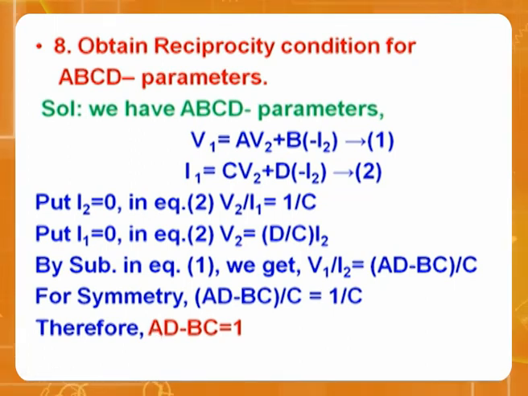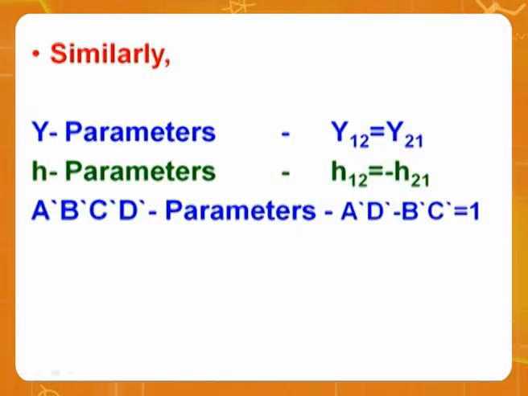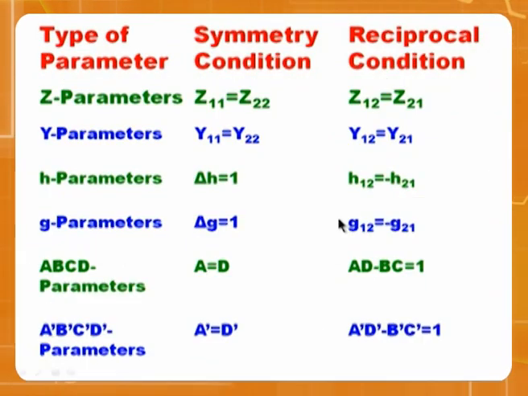Okay. When you see that reciprocity condition, the same thing is valid for inverse ABCD also. So these are the conditions. Similarly, whatever is valid for Z is valid for Y, whatever is valid for G is valid for H, whatever is valid for ABCD is valid for inverse also. So this is how the conclusion comes.